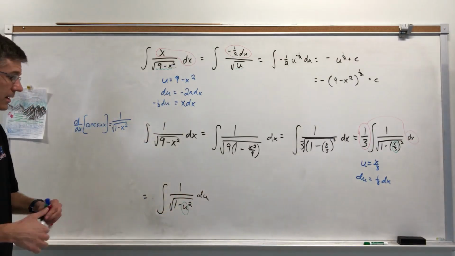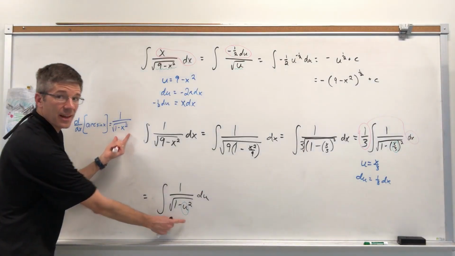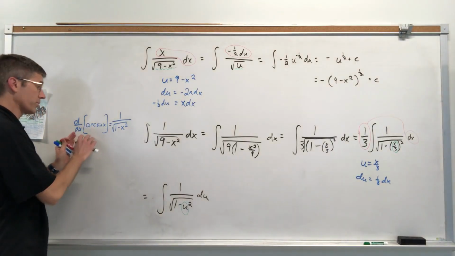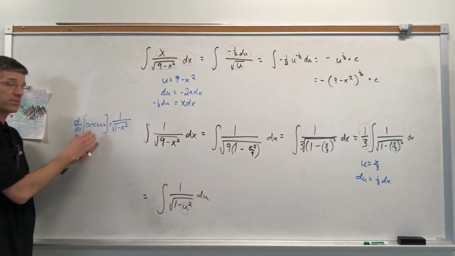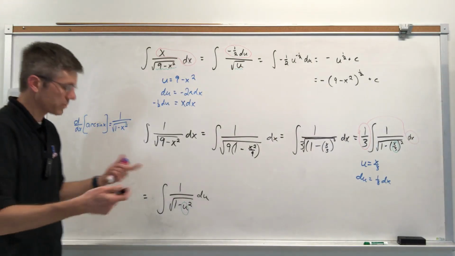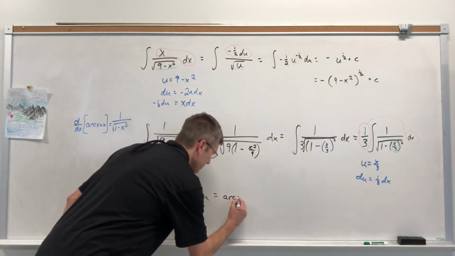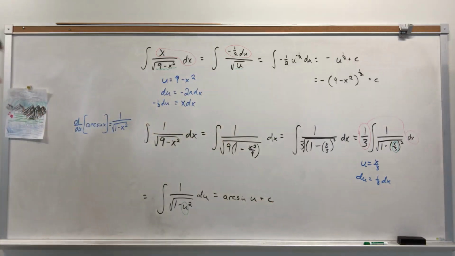Okay? This is that. They're the same thing. So all I'm going to do is, instead of saying the derivative of arc sine x is this, now the antiderivative of this is arc sine of x. Actually, it's arc sine of u, and then plus c, of course.